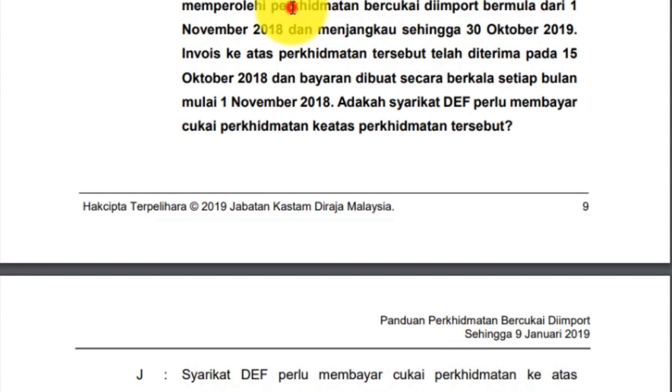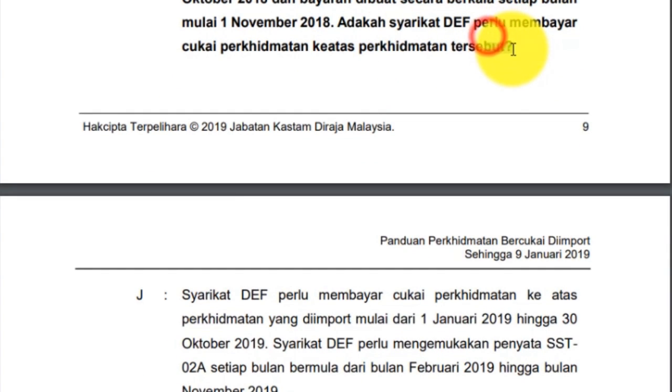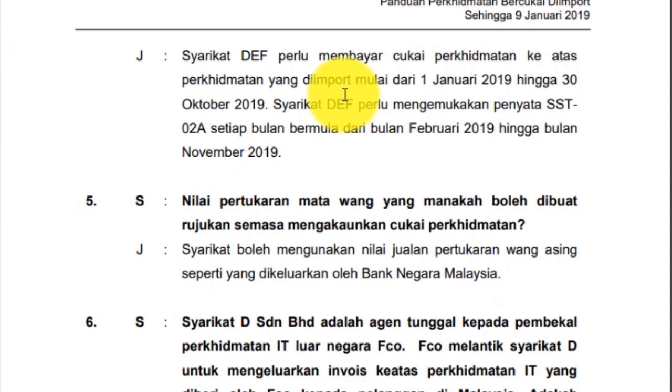So next one, company DEF is a non-service tax registrant getting a service from 1st of November 2018 until 30th of October 2019. The invoice for that service was received on October 15, 2018 and payment is made every month starting 1st of November 2018. So does DEF need to pay the service tax? The answer is yes, but only for the service starting from January 2019 until 30th of October 2019.